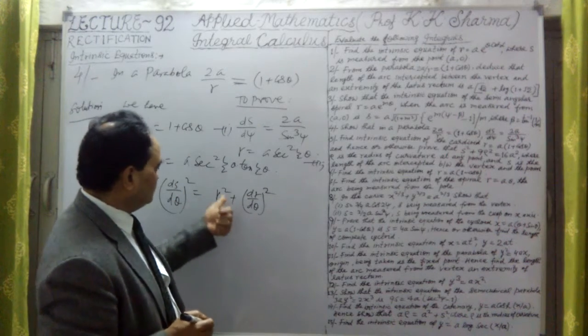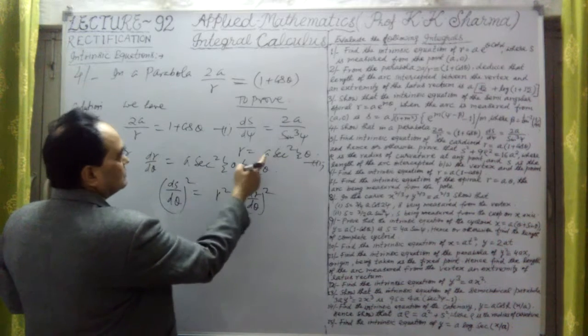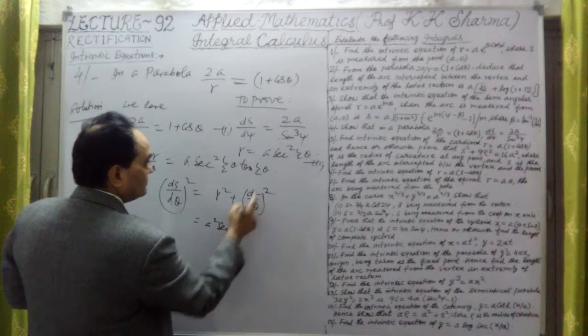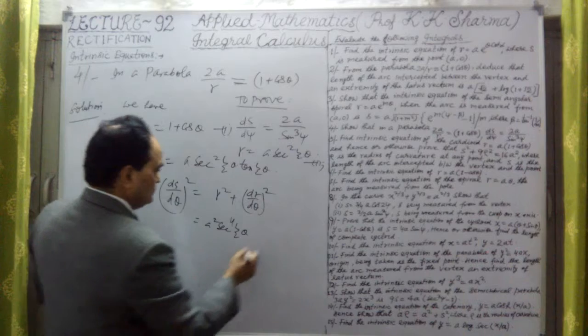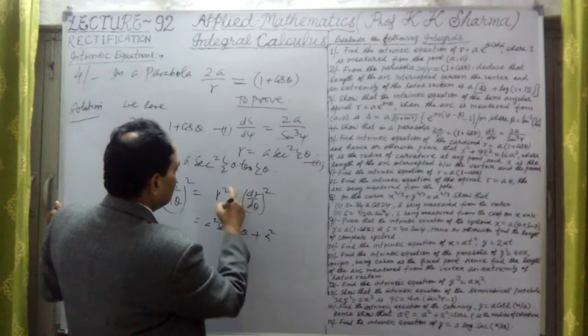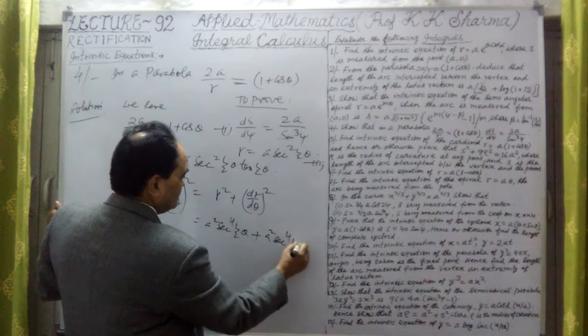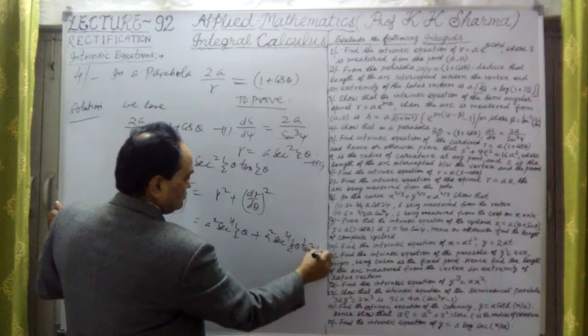So r square is a square into secant 4 half theta, plus dr d theta square, which is a square into secant 4 half theta into tan square half theta.